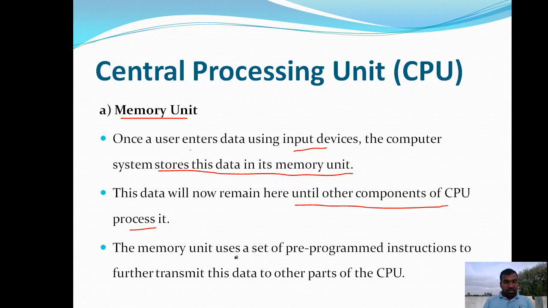The memory unit uses a set of pre-programmed instructions to transmit this data to other parts of the CPU. The other parts of the CPU include the control unit and the arithmetic and logical unit, right? So it uses a set of pre-programmed instructions on how to transfer the data from the memory unit to the unit for which the inputted data is required.